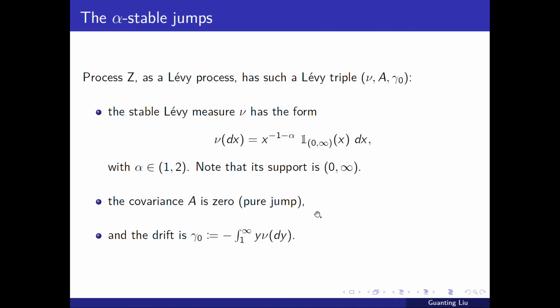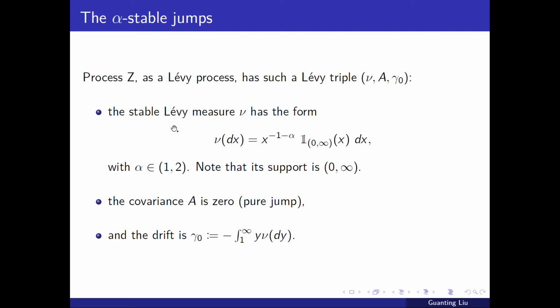A bit more about the jump here. The compensated spectrally positive alpha stable jump. This Levy process can be uniquely represented by the following Levy triple.